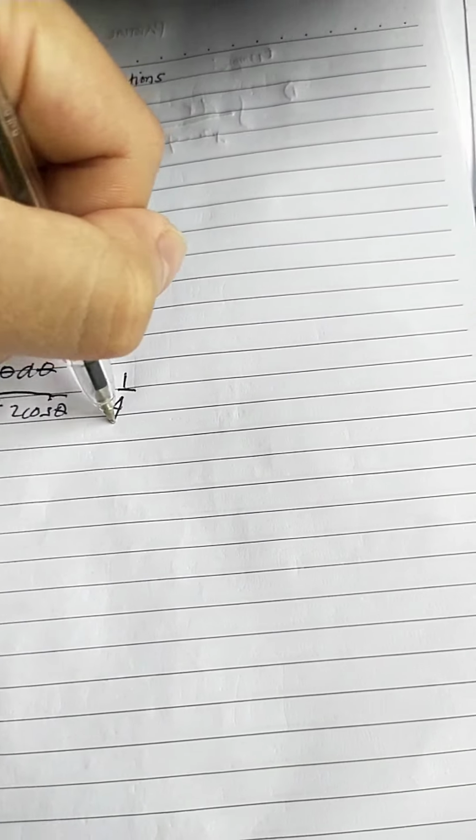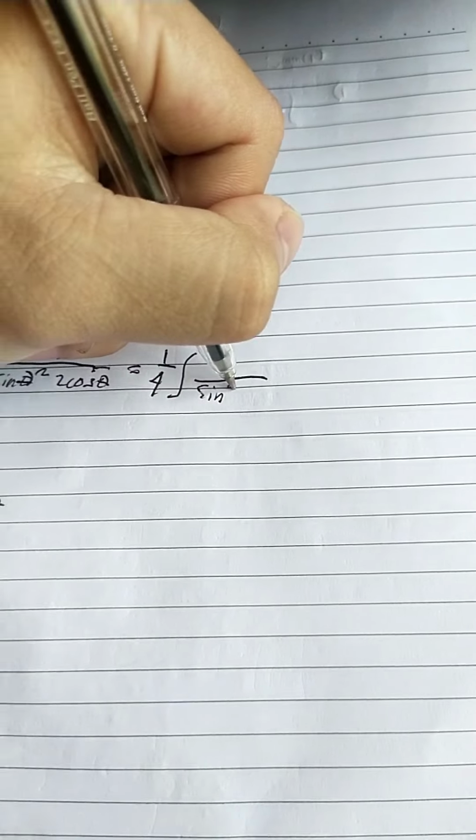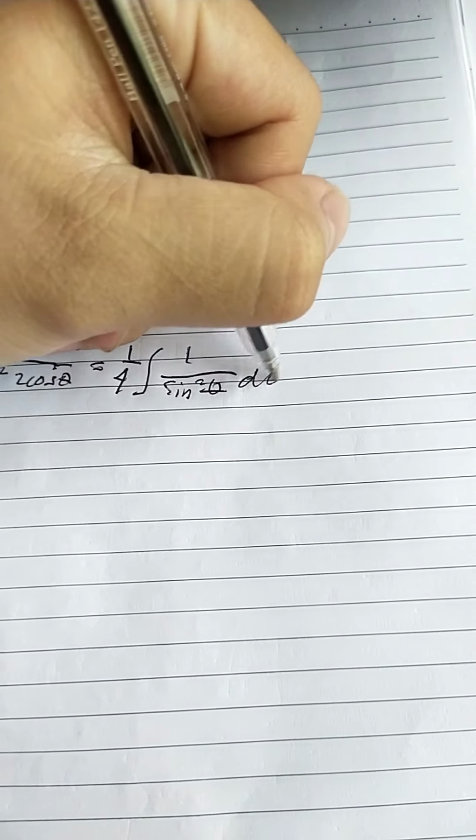Then this will become 1 over 4 the integral of 1 over sine squared theta d theta.